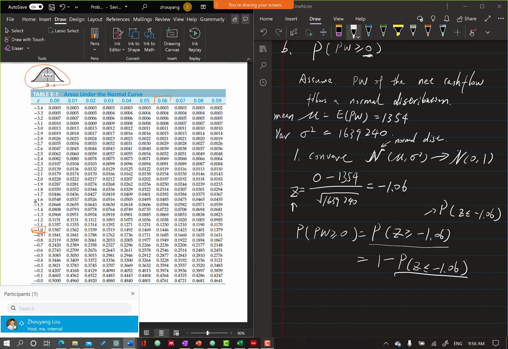And check the second decimal point, that's 0.06. And we can find this number, that's 1446. So we have 1 minus 0.1446, which equals 0.8554.